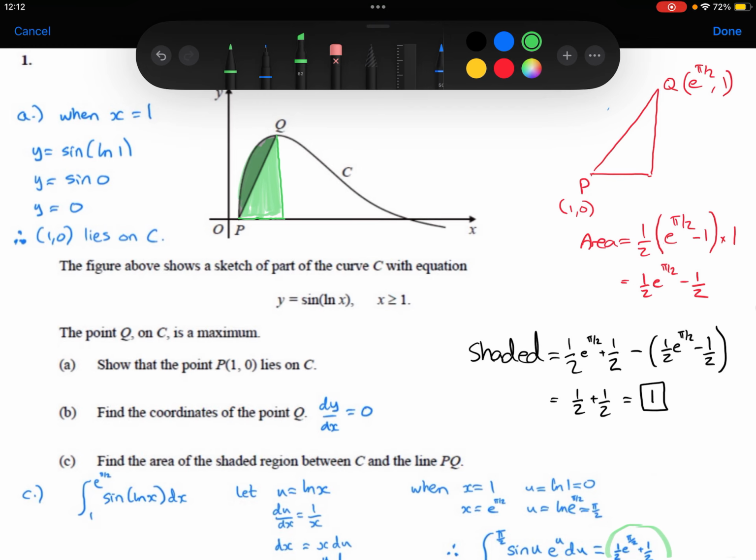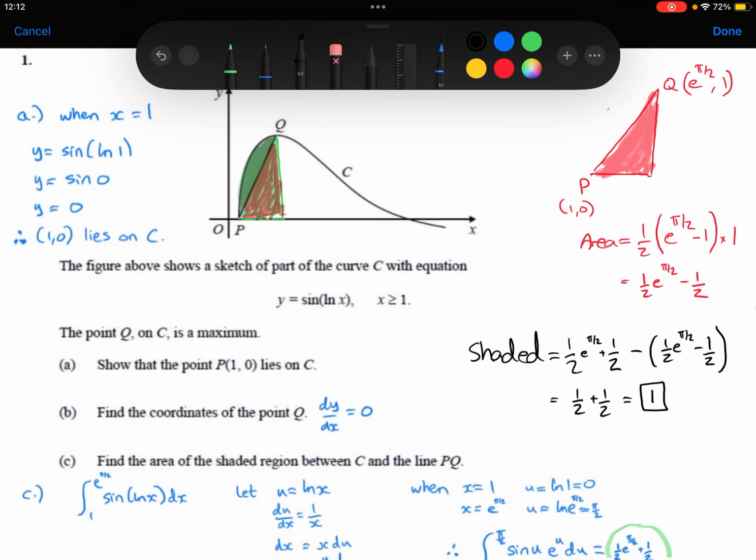I'm now going to take away that triangle. I don't want to include this triangle here. So I've just drawn a rough sketch of the triangle over here with the coordinates of P and Q marked on.